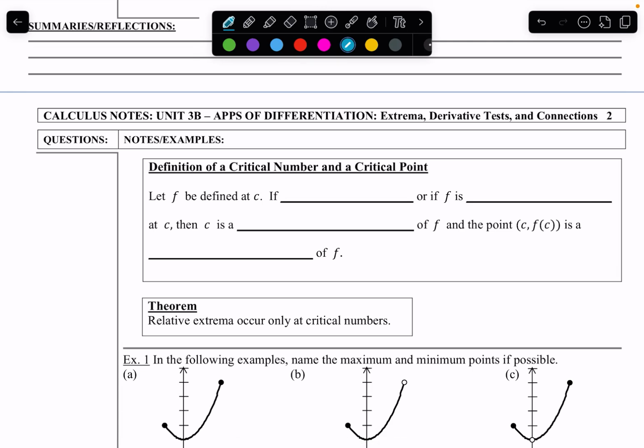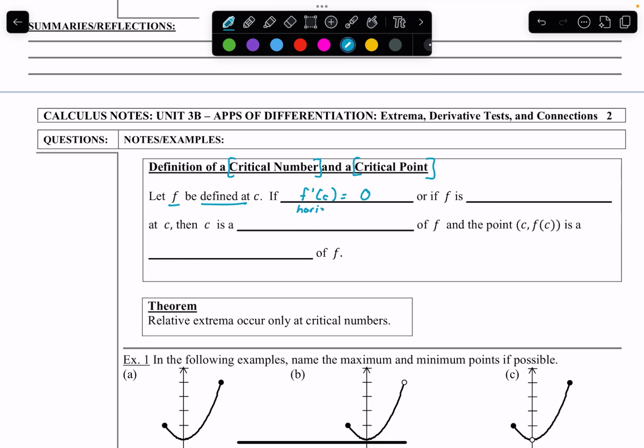As we analyze extrema, we're going to have some very important terminology or vocabulary that we need to be comfortable and familiar with. The first word that we're going to look at is what is a critical number or a critical point. So f needs to be defined at c for us to have a critical number. So we're not talking about a discontinuity, we're talking about something that actually has a value, but the derivative at c could be 0.